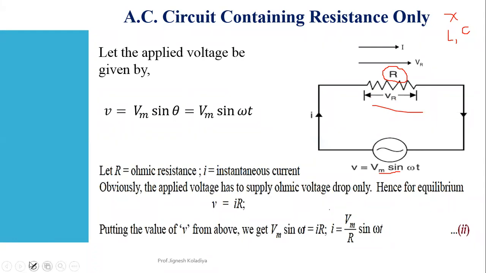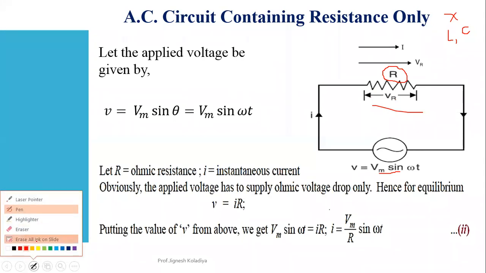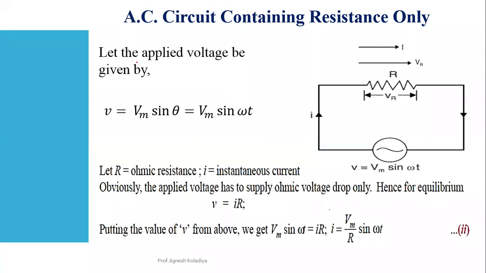So that is equal to VR. So let the applied voltage I'm taking be V is equal to Vm sine theta or Vm sine omega t. R is my ohmic resistance, and I is the instantaneous value of current.